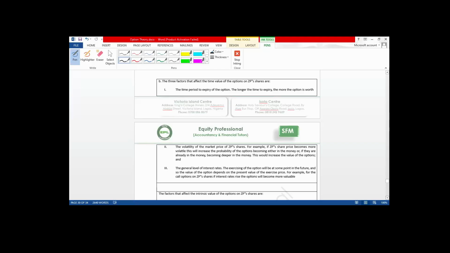Requirement C says, explain two factors that affect intrinsic value of the option.